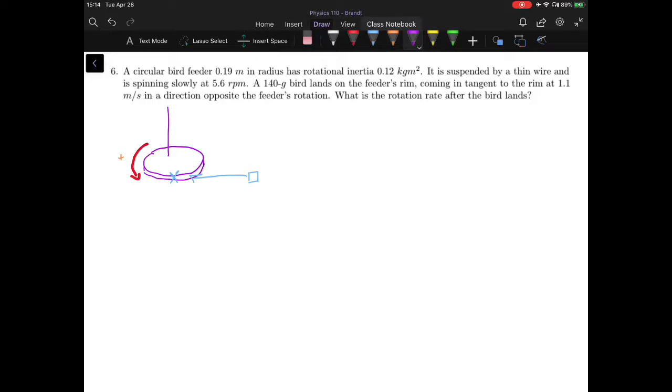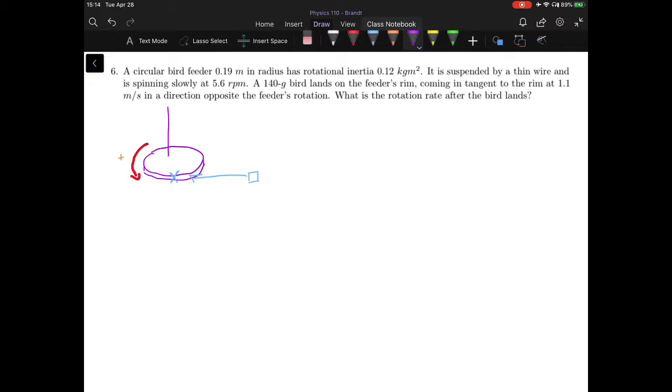Then we have an event occur, and then afterwards we have some new motion. So we have the bird feeder spinning, the bird flying in, the bird lands, and then afterwards the bird feeder and bird are going to spin in some new way.